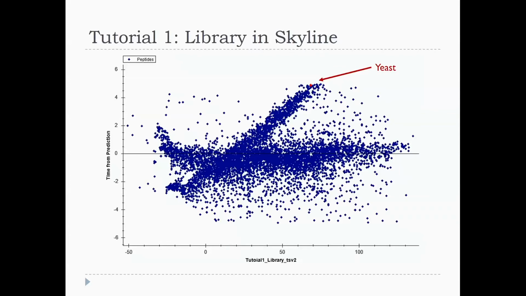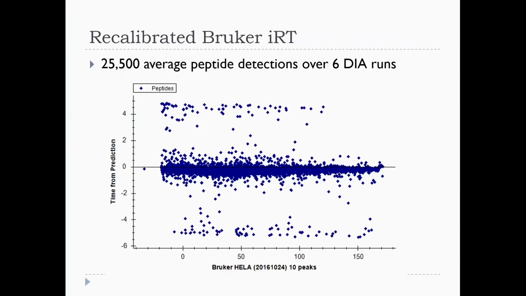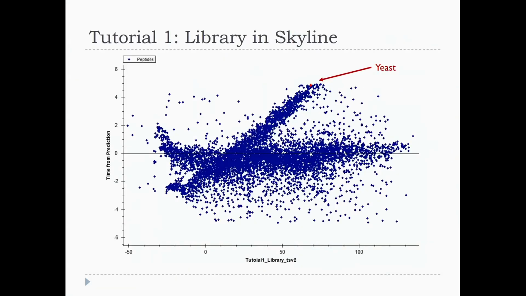So I can promise you, if you come to Sky Jams in the morning, we'll look at how we could correct this. The IRTs that you can get out of this data are not super great. There's just no way we can get these IRTs to be this good. That was particularly good chromatography.